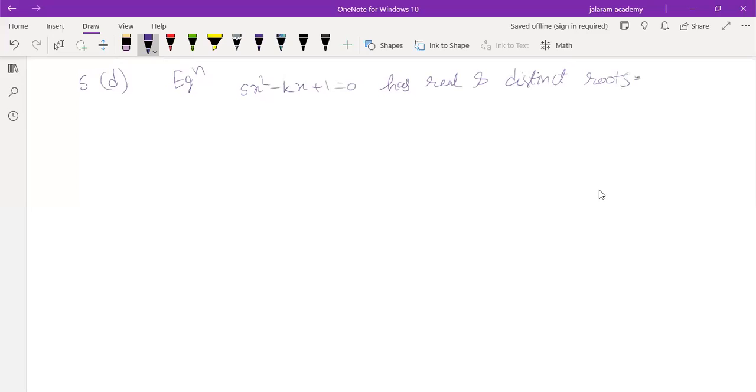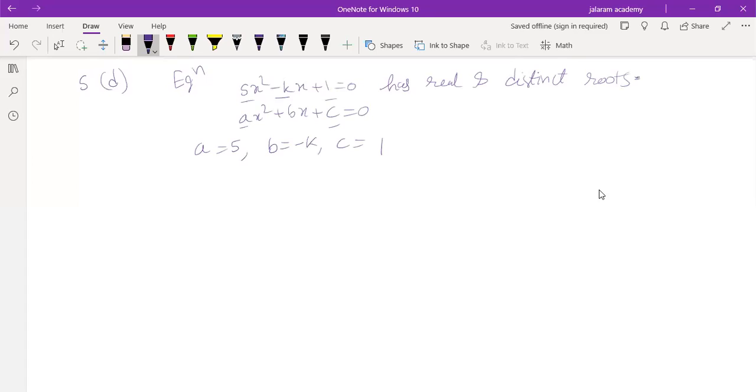First compare it with ax square plus bx plus c equals 0. So value of a, the coefficient of x square, is 5. Value of b, the coefficient of x, is minus k. Value of c, the constant term, is 1.